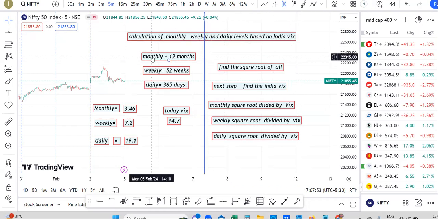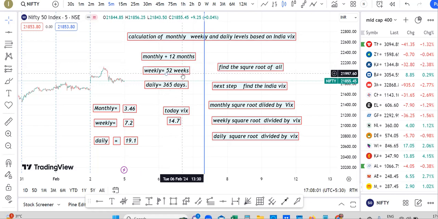For the monthly, we are going to take 12 months. For the weekly, how many weeks are there in 12 months? That will be 52 weeks. In a daily, we'll consider 365 days. That is total 12 months, 365 days.